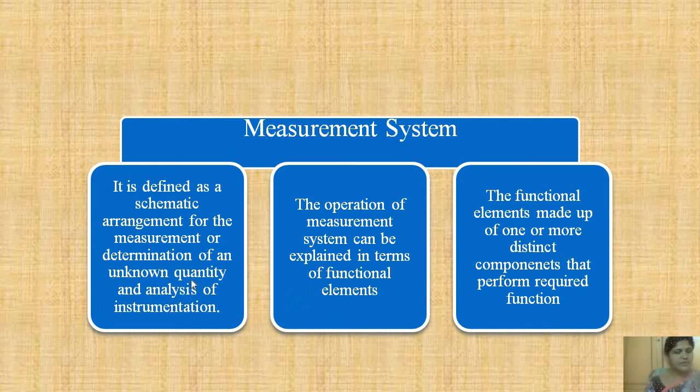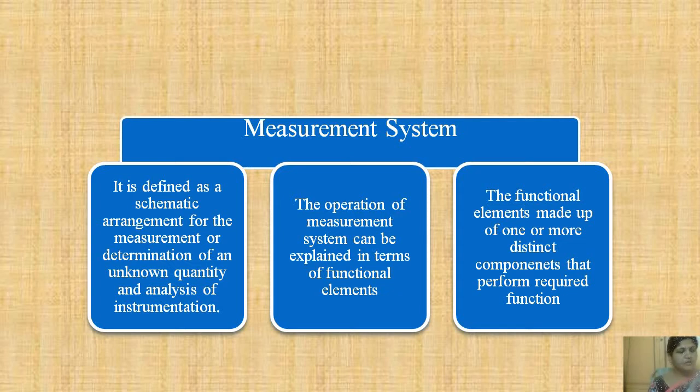We know that the measurement system is going to measure the unknown quantity. So the measurement system, or the complete system, is the arrangement of all the components or instruments used for the measurement of the unknown quantity, or we can say the analysis of the instrumentation.